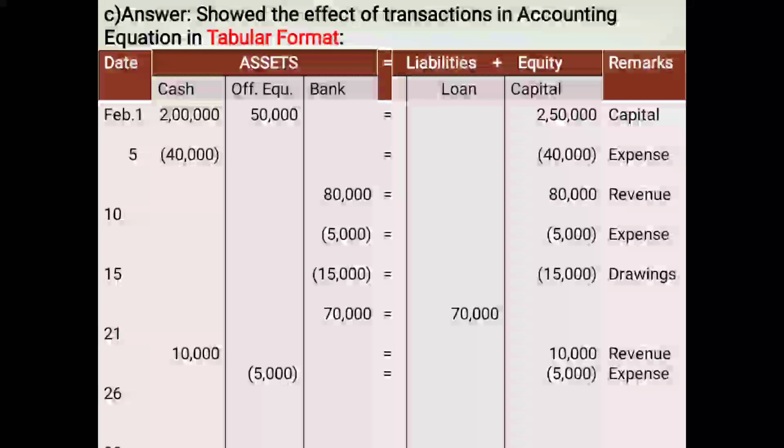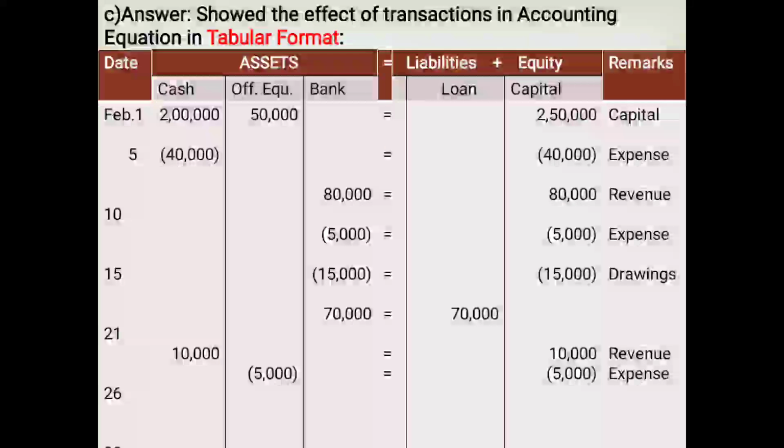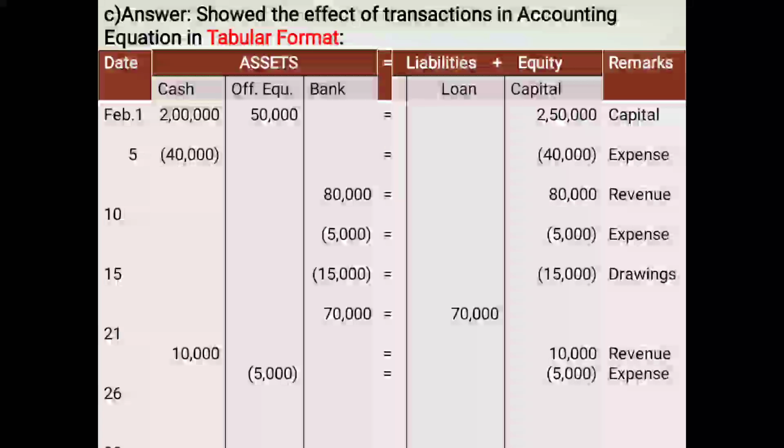Right, and this is the revenue type transaction. For this amount, when revenue increased, then capital or equity increased, and also bank balance increased. So bank balance is plus figure 80,000, and the capital column is plus, added 80,000. Another amount for 5,000 expense incurred by check or by bank.